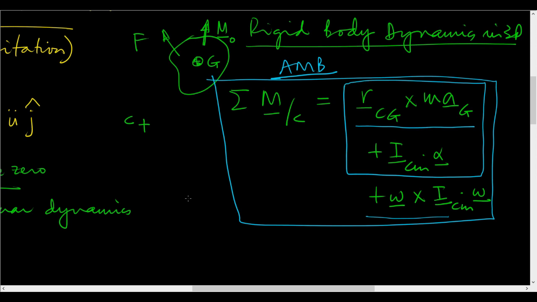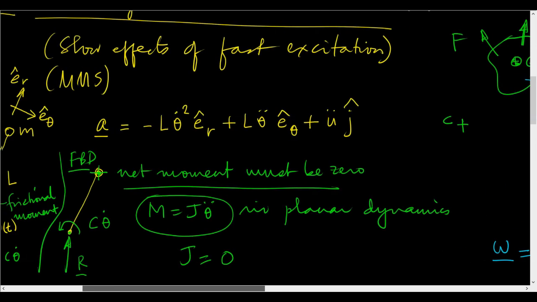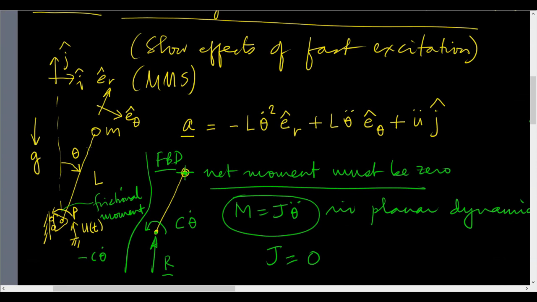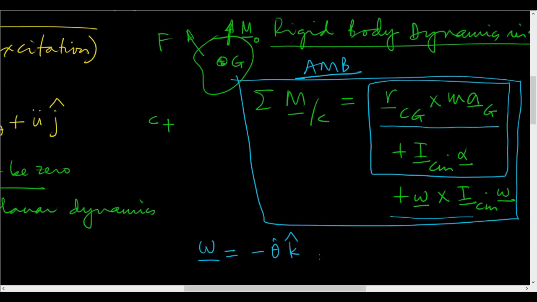To do that we have to notice that omega is equal to minus theta dot k, because theta dot, we have taken it to be clockwise over here, the way we have gone about it, and k is out of the board. Okay, we will therefore write alpha is equal to minus theta double dot k.